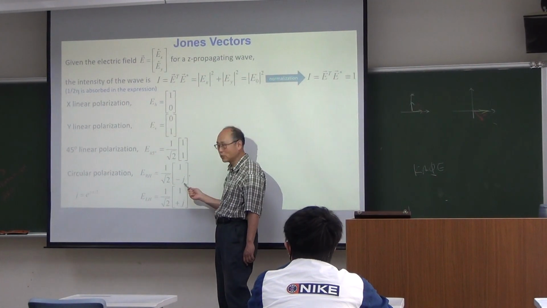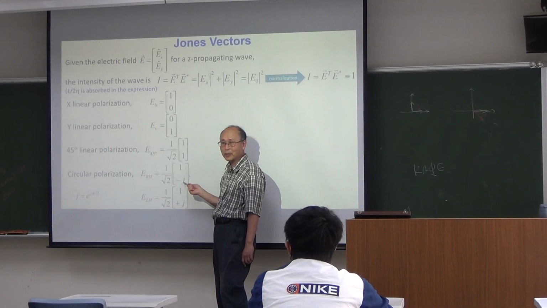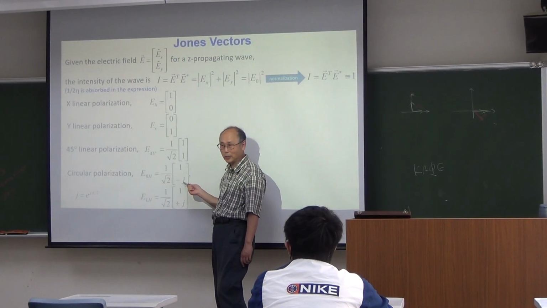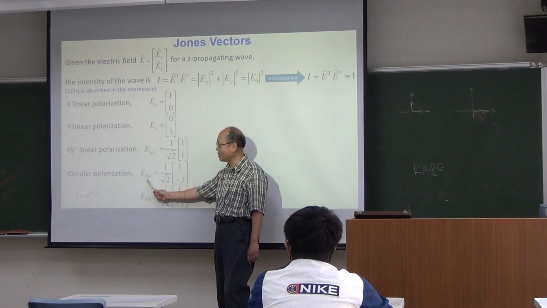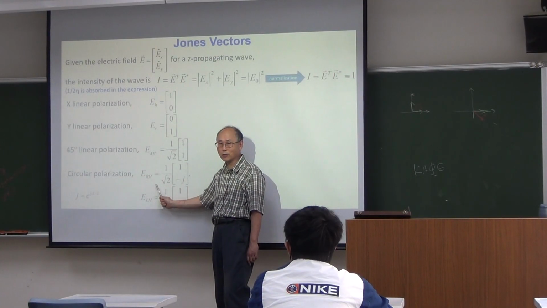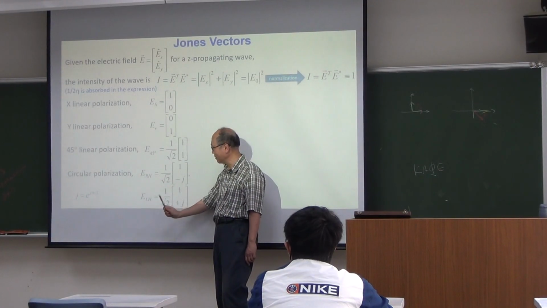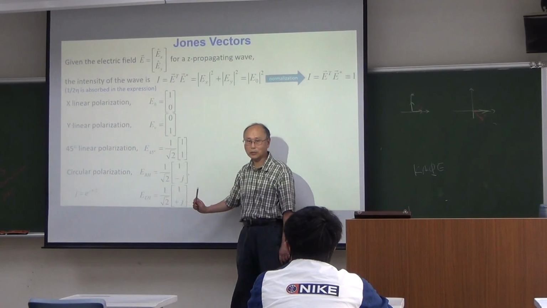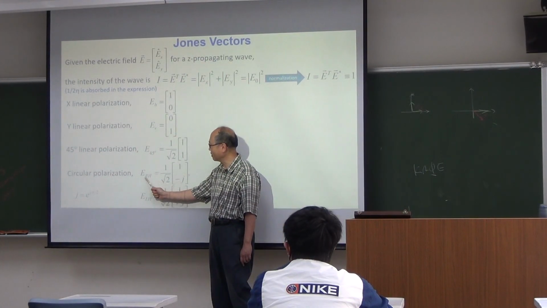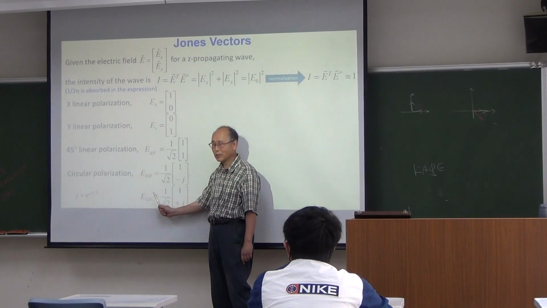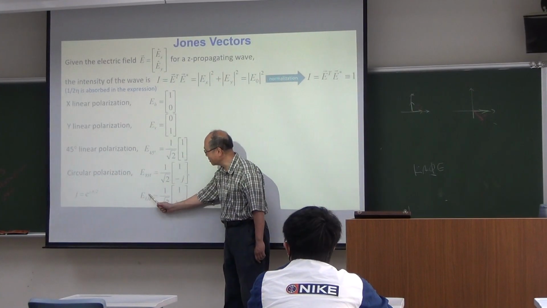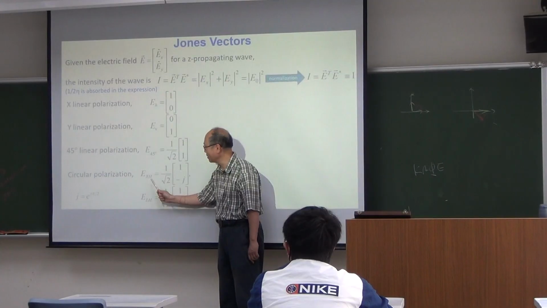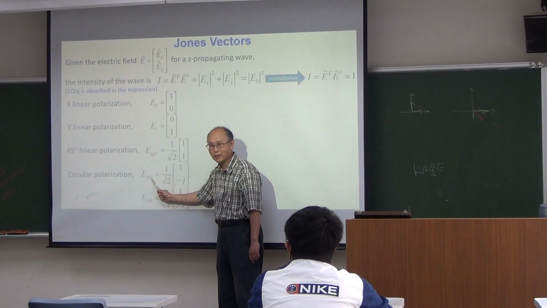When I use j, I told you that this is an engineering notation. And for engineering notation, people like to talk about right-hand polarization or left-handed polarization. When we talk about optics notation, people like to talk about right polarization and left polarization. So this is a right polarization, this is a left polarization.